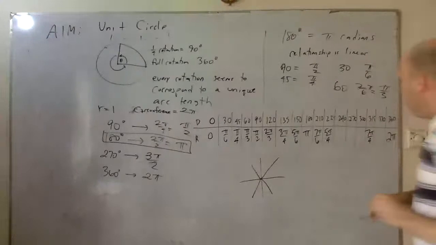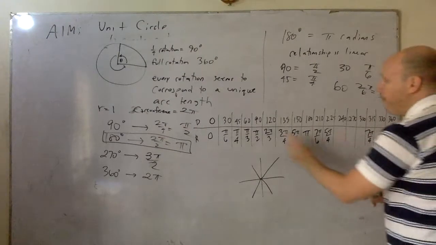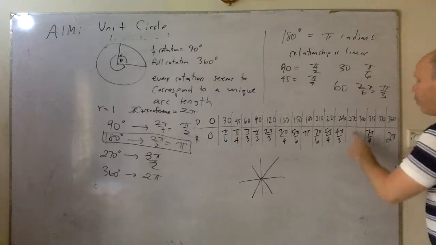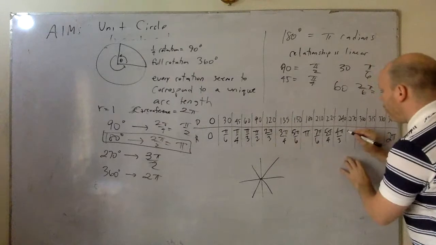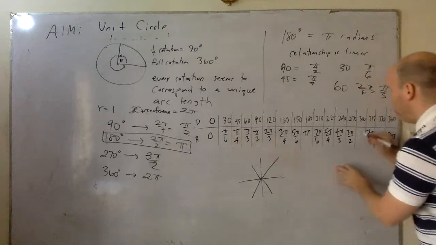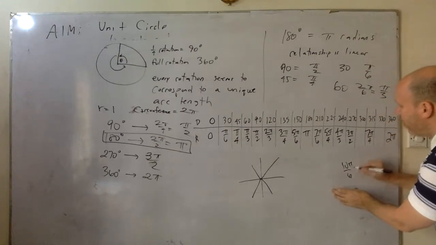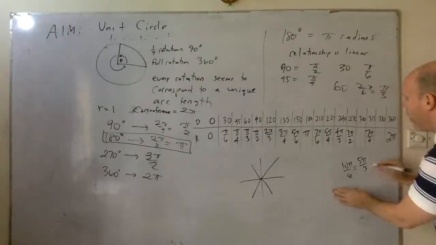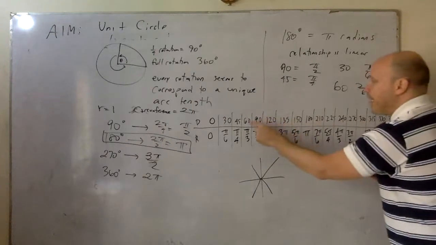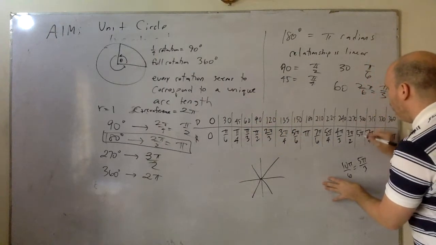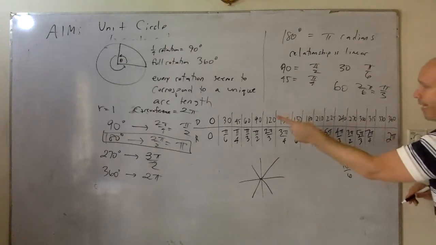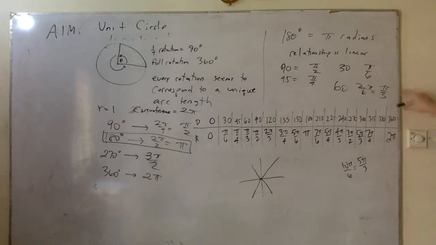Excuse me. 240, what do you think? Well, that's 4 times 60, 4 pi over 3. 270, that's 3 90s, 3 pi over 2. 300 is 10 30s, 5 pi over 6, which is 5 pi over 3. 300 is also 5 60s, 5 pi over 3. 330, let's see, what is 330?